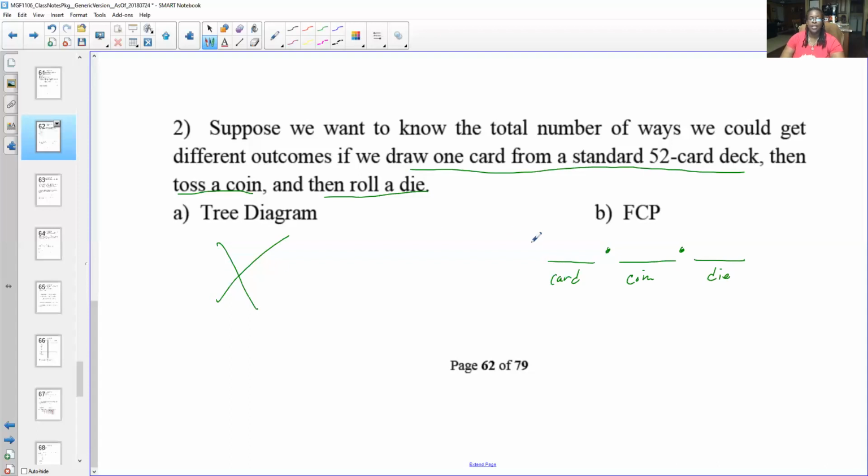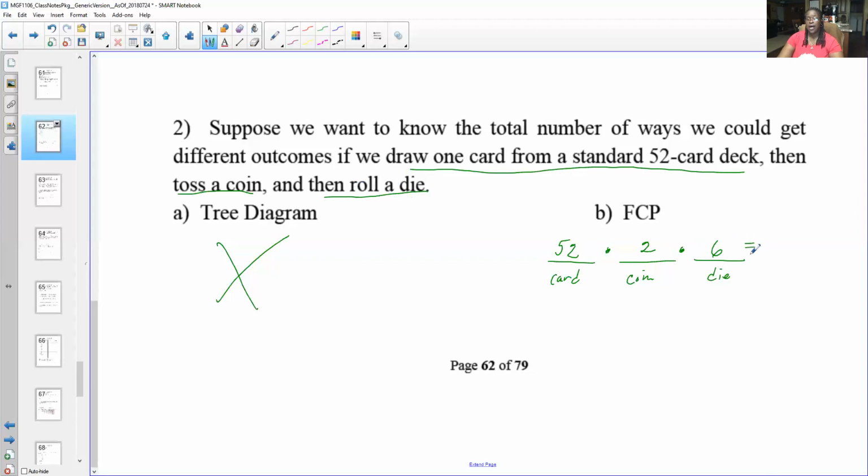All right, so now how many choices do we have for picking our cards? We have 52. We know that for our coin, we have 2. And for our die, you notice it says, then roll a die. It didn't say a 6-sided die, but it didn't say any other kind of die either. So right here, we automatically assume that it's a standard 6-sided die.